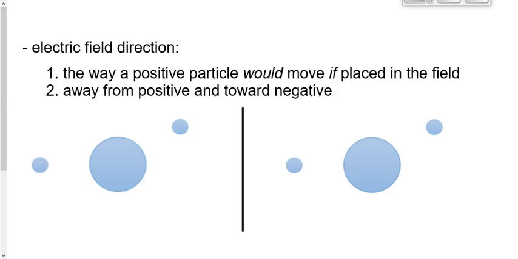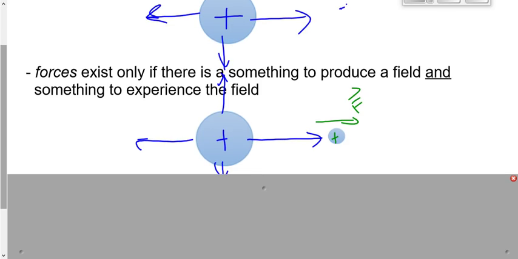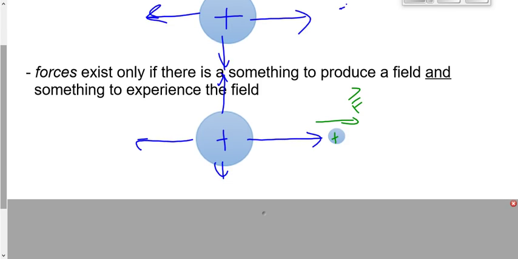We define the direction of that electric field in two ways, as we would define the direction of a gravitational field in two ways. One, it's the way that a positive particle would move if it was placed in the field. If we go back to that last diagram that I had drawn for a second here, I have an electric field drawn outward away from this positive particle.